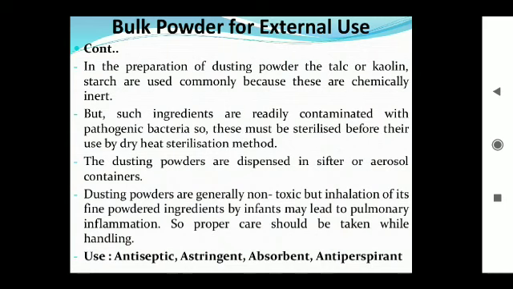In preparation of dusting powders, you add talc and kaolin, and starch can also be used. These are chemically inert substances, which do not affect the surface of the skin and do not interfere with the action of drugs. The major component present in a dusting powder is talc to enhance their action.